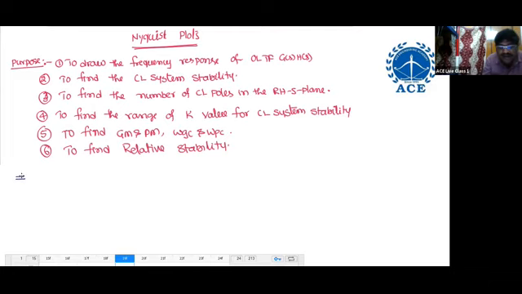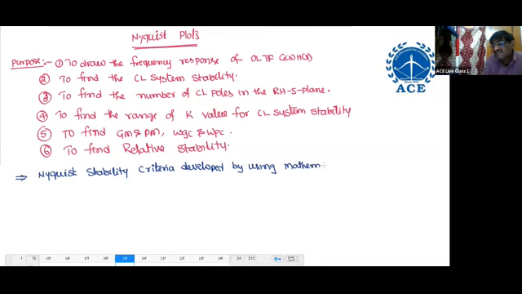See, the Nyquist stability criteria is developed using a mathematical principle known as the principle of argument.